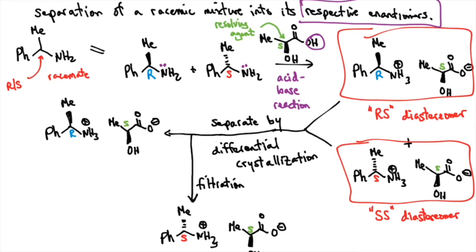So what we can do is add a base. Any base will work. So B with two electrons. Maybe, for example, if you wanted an actual ion, hydroxide would do the trick, or bicarbonate would do the trick. So you generate, in this case, a deprotonation event. You remove the proton from the ammonium ion, part of that diastereomer. And what you're going to get is now the new amine.